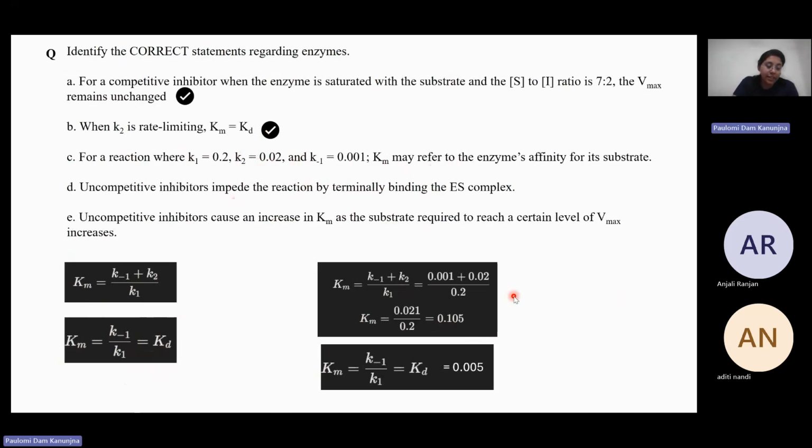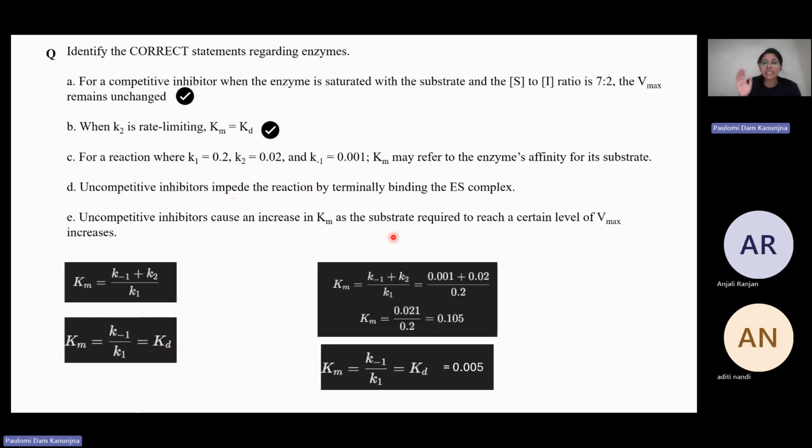So remember in uncompetitive inhibition, the inhibitor is binding to the ES complex, forming an enzyme substrate inhibitor complex. Exactly. So terminally here does not mean it binds to the end or it terminates the reaction. No. Terminally means it is irreversible binding.